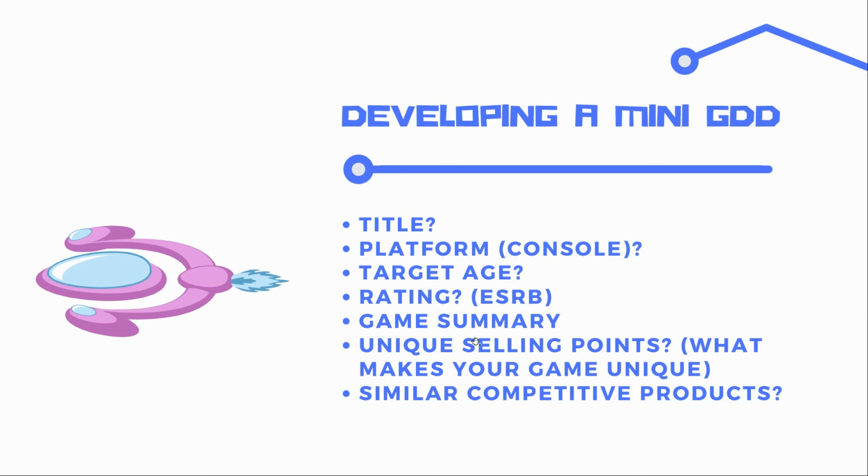Game summary, you have to have a clear idea about what your game is going to be about. So for example, in one of our games, which is Night Climb, if you ever watched the other video, the game summary is as follows. A small character is going to jump from tree to tree, from left to right, and is going to collect points on its way by avoiding enemies.